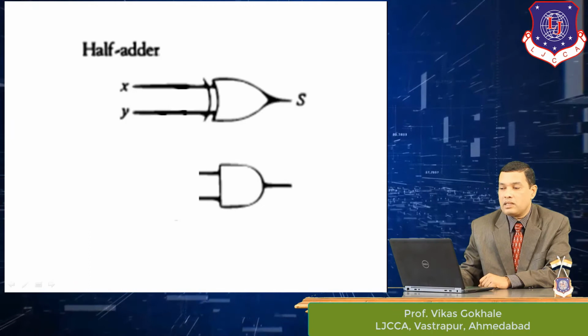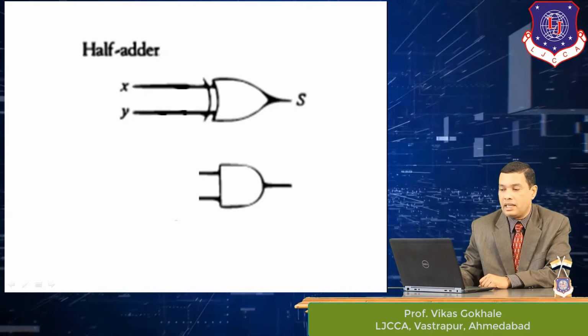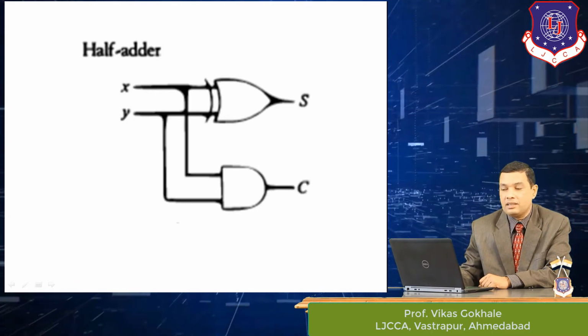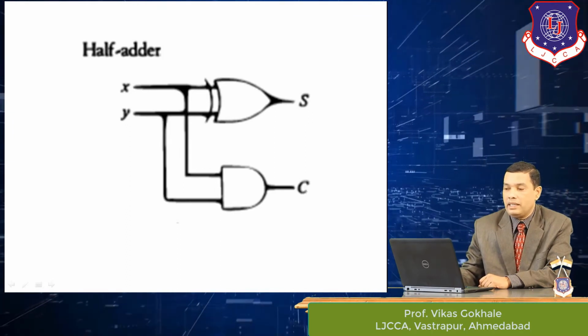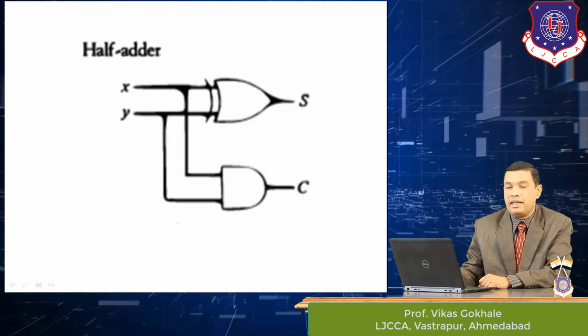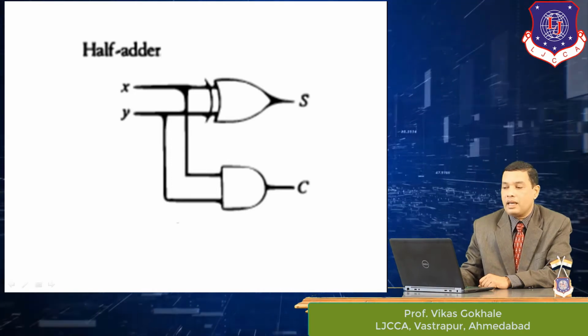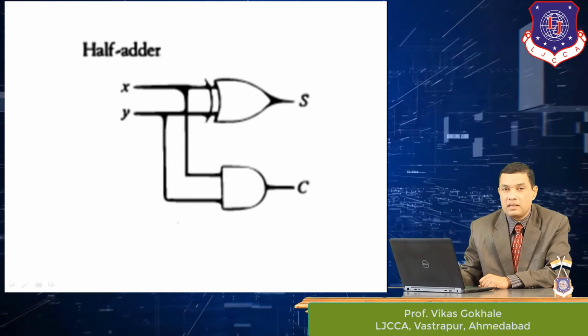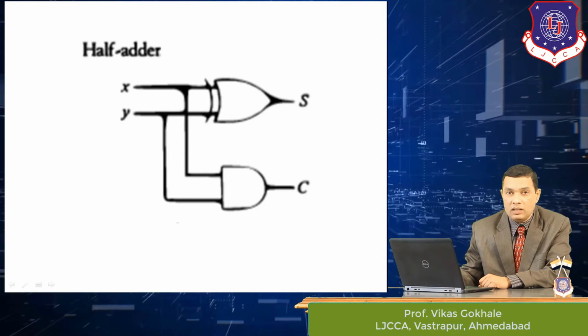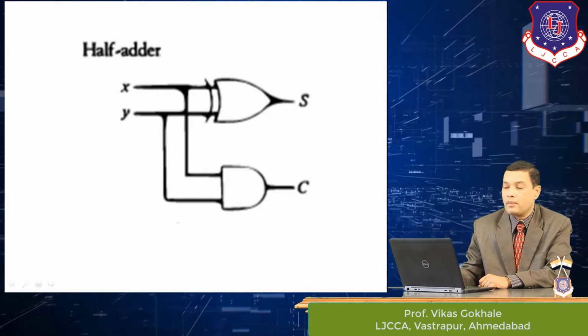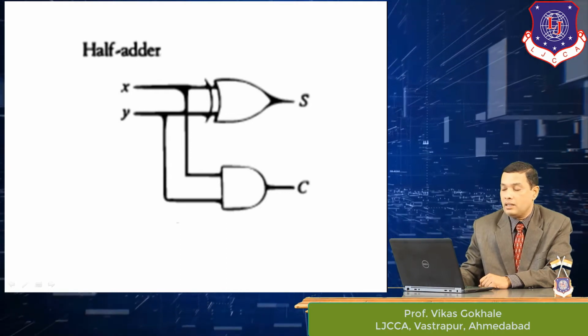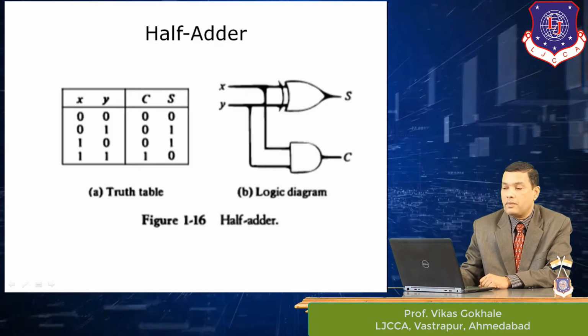Take the tapping from these input lines and connect them to the AND gate to generate the carry bit. Carry is the ANDing of both the bits. When both bits are 1, it is a must condition, only then will carry be generated, which you can see in the truth table again.